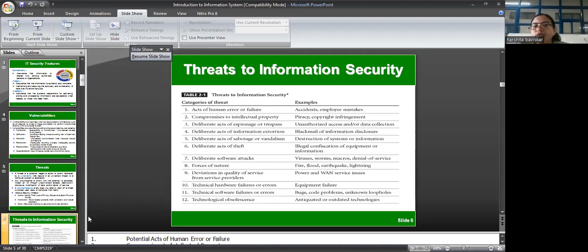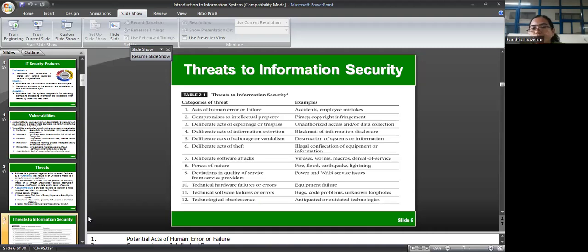Now, what are the threats to information systems? These are the different categories of threats, and the examples are listed here. A total of 12 categories of threats are listed. Act of human error or failure, for example accidents and employee mistakes.